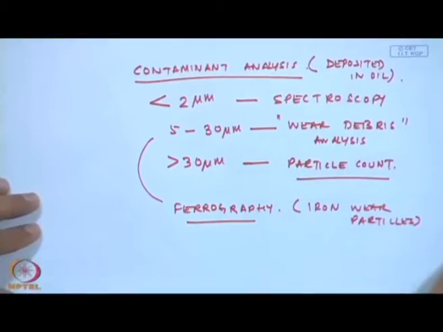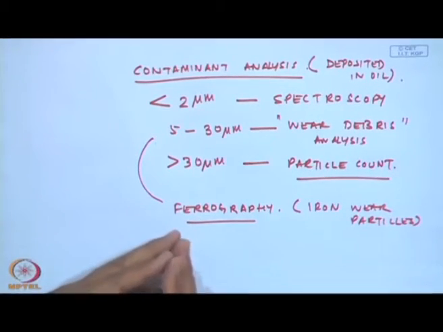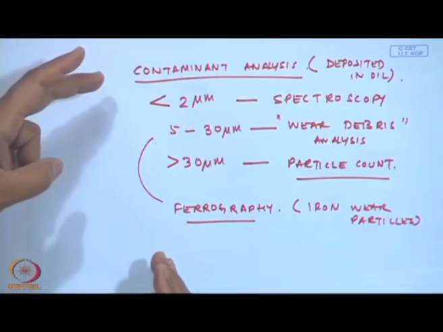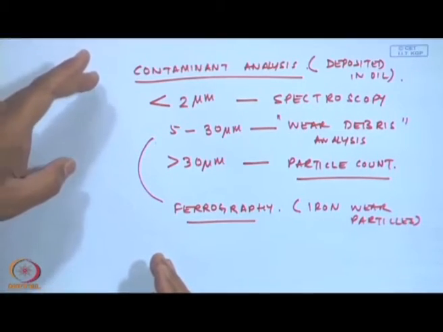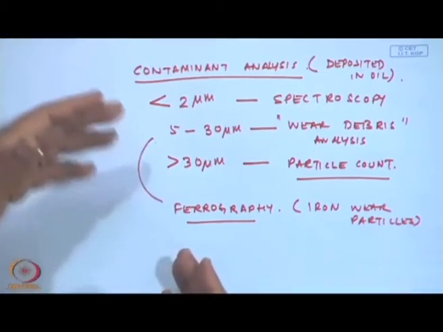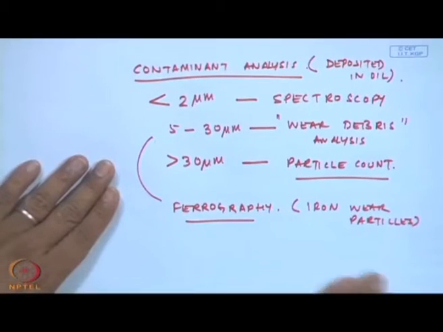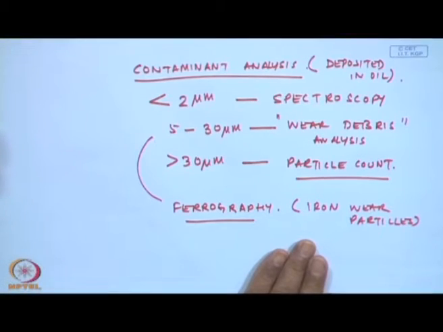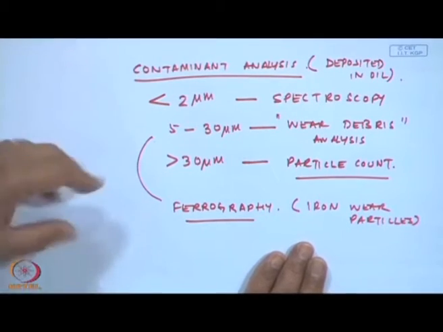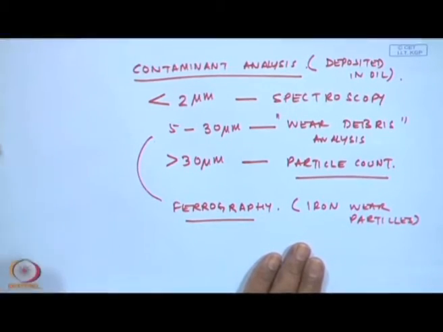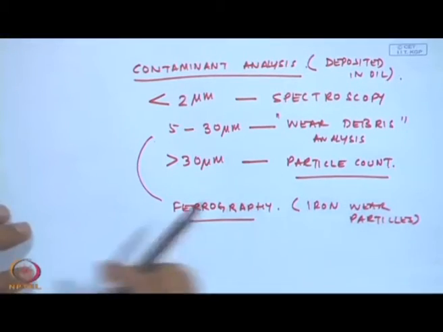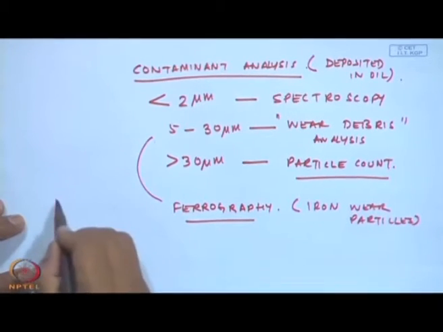Basically, the lubricating oil between the two mating members, we use that oil to understand these contaminants. This oil can be taken, dried on a piece of paper, and then with a magnetic field or a gravity field, it can be laid in such a way that the heavier particles are going to get deposited at the bottom and the lighter particles on the top. So, you will see a ferrogram like this on a surface like this.